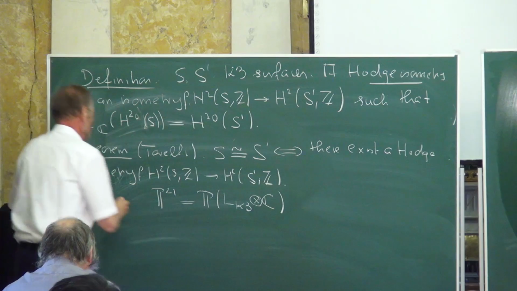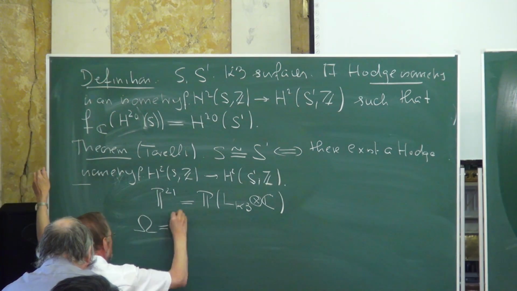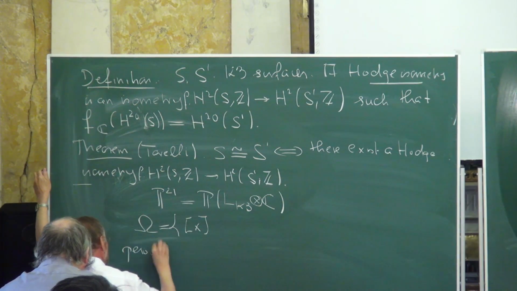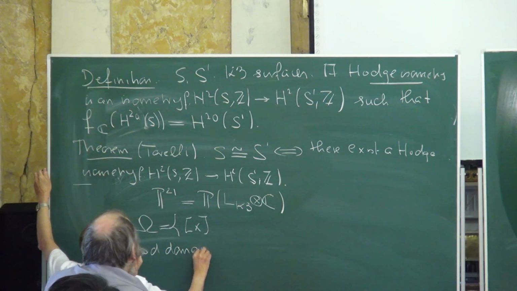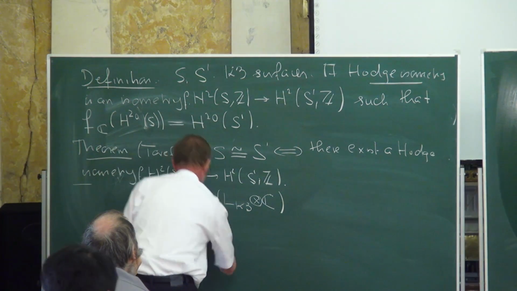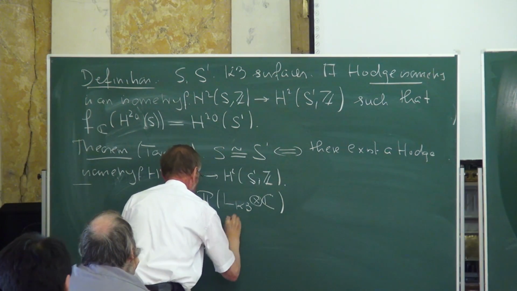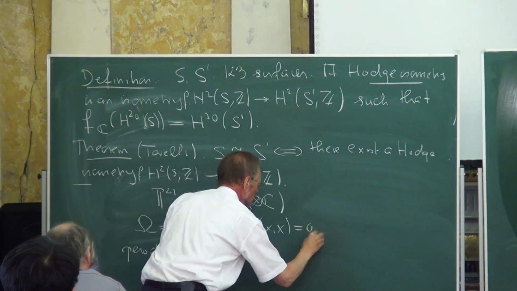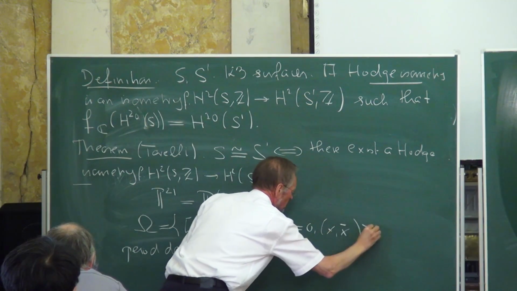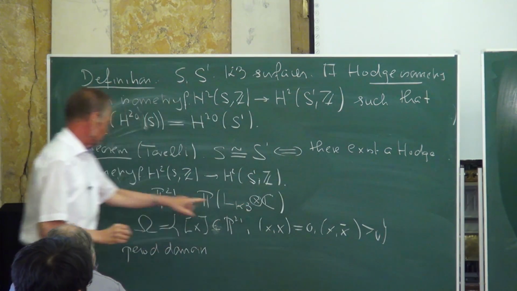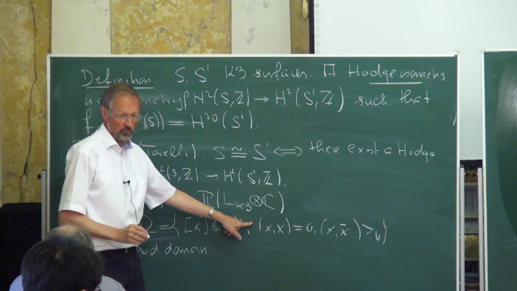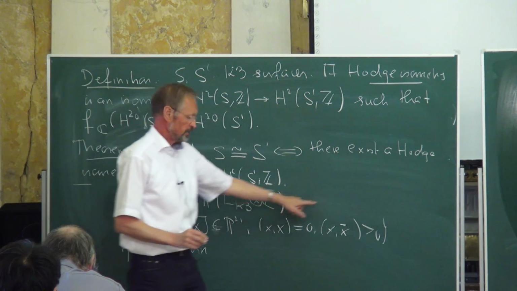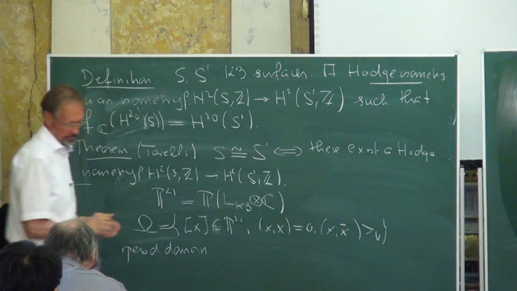Okay? Now in that I have a period domain. These are all points x such that (x, x) is 0 and (x, x bar) is positive. So this is 21-dimensional. This is a quadratic equation. So I get a 20-dimensional quadric, and that defines an open part of this quadric.